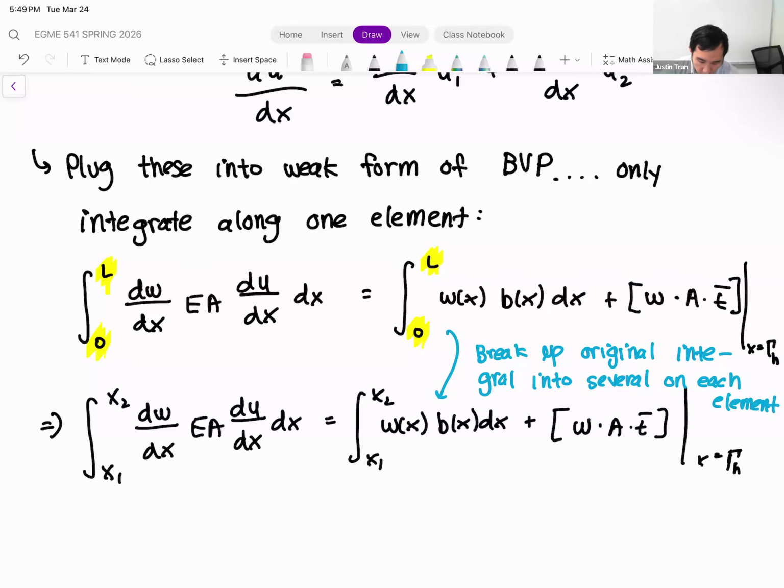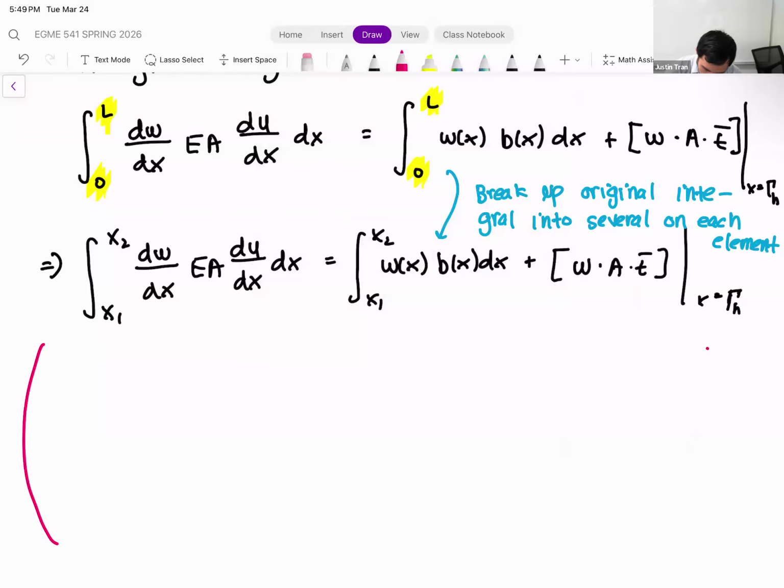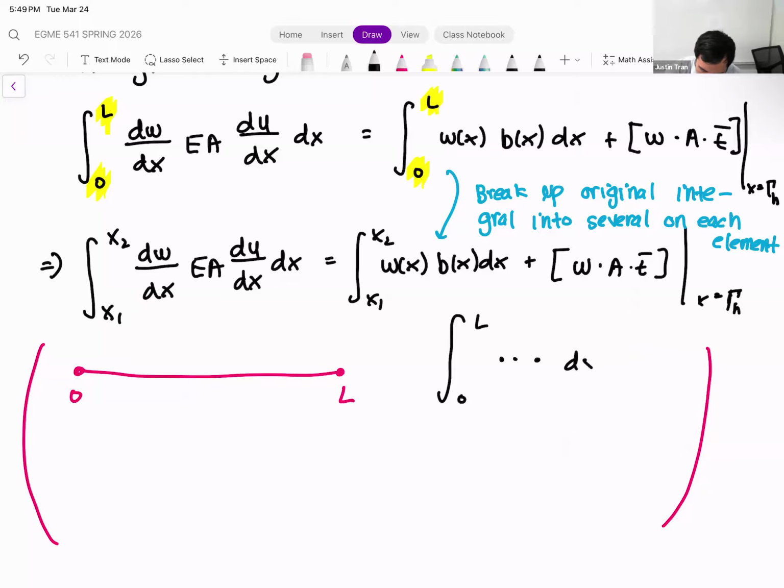And so let me illustrate that. This will be an aside here. Let's say you have your domain from 0 to L, and let's say you have an integral from 0 to L of something dx. You can take that same domain and break it up into lots of different subdomains. So let's say this is x0, x1, x2, x3, x4, x5.